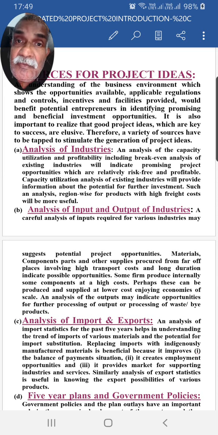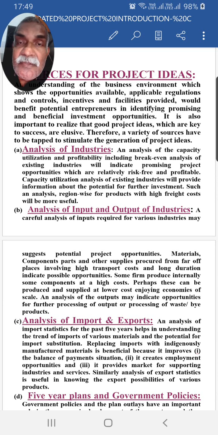We have to observe, analyze the regulations and control which we will have to follow, the incentives and facilities which we will get, because this will give benefit to the potential entrepreneurs.